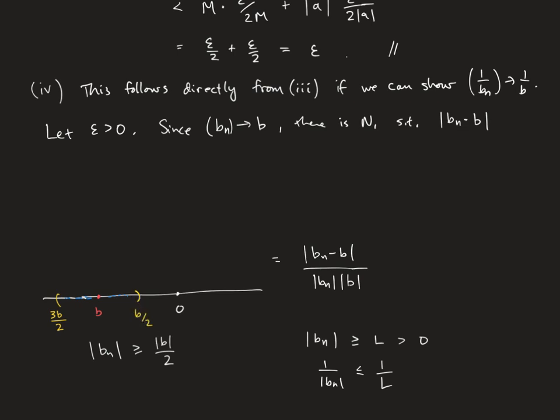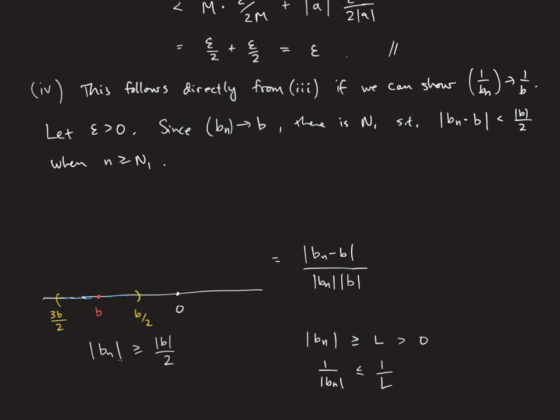Such that bn minus b is less than absolute value of b over 2 holds when little n is bigger than or equal to n1. Okay, and with that, what we want to do now is show that we have a lower bound on the bn's from that.